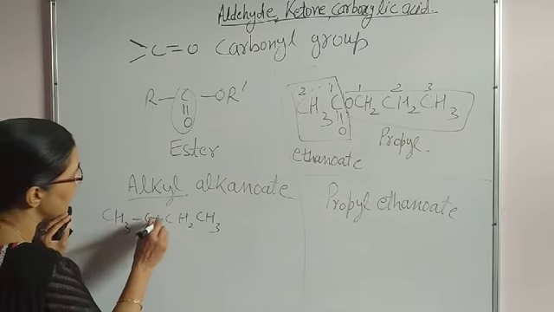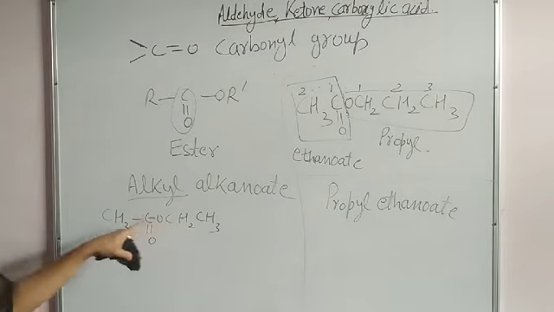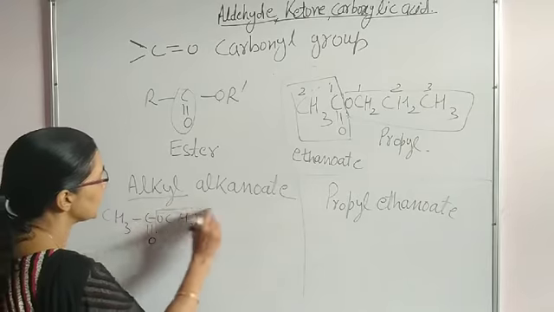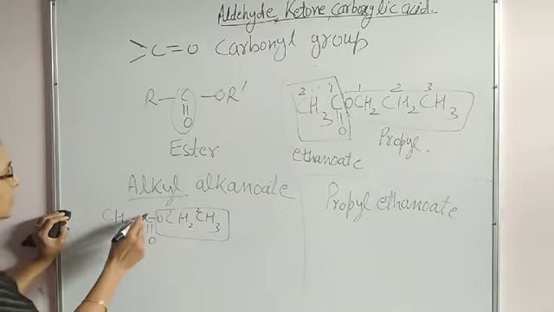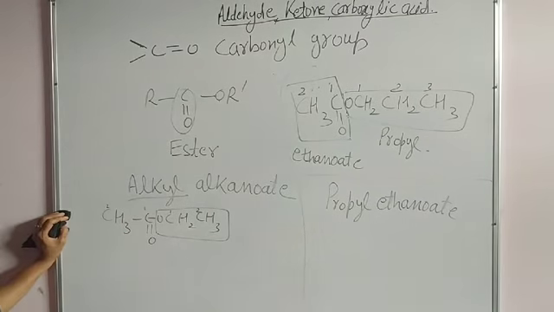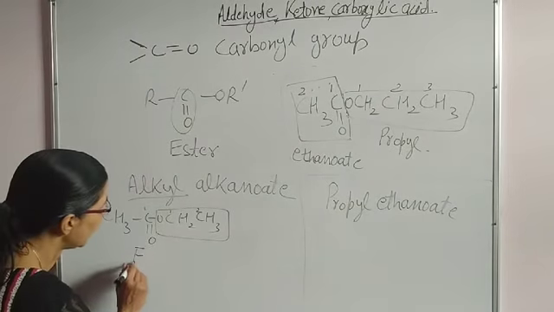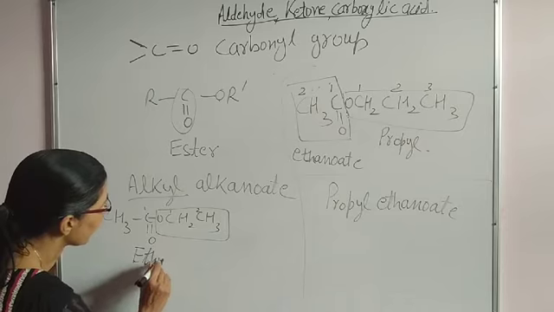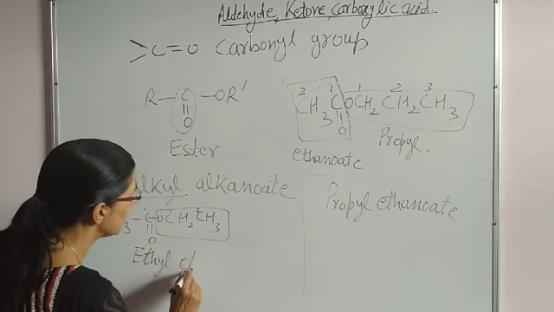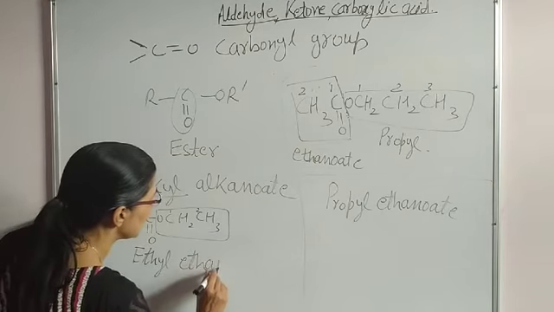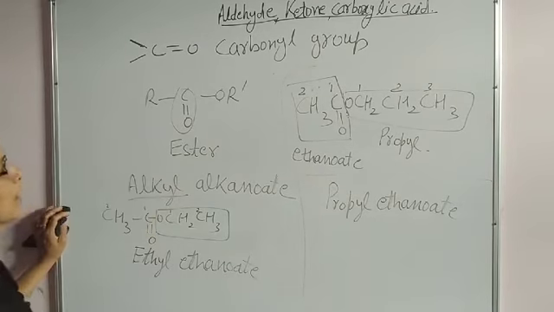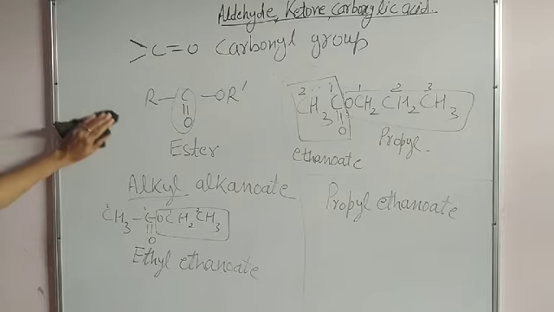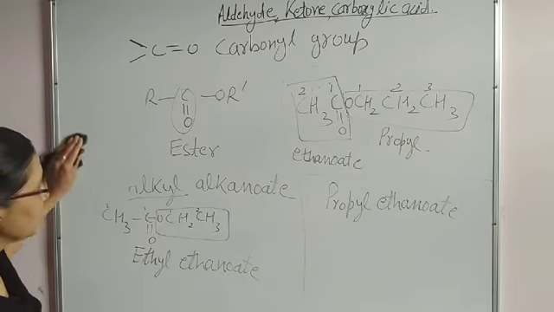Again one more oxygen will be here. So this one will be known as 1, 2 ethyl and 1, 2 ethanoate. So its name will be ethyl ethanoate. One more example for ester I am taking.